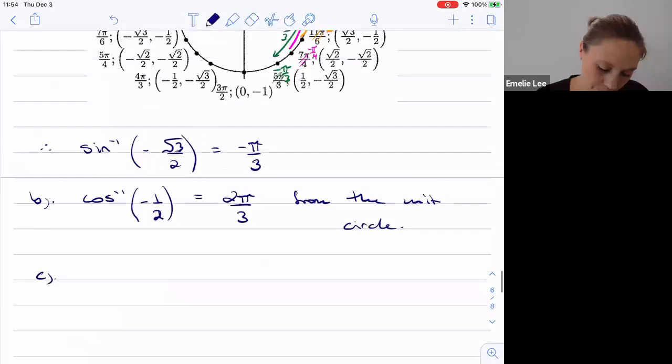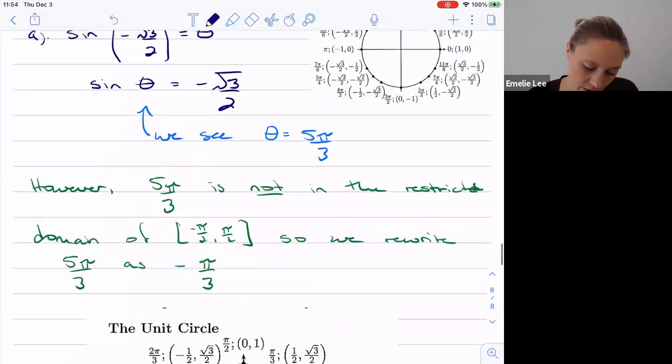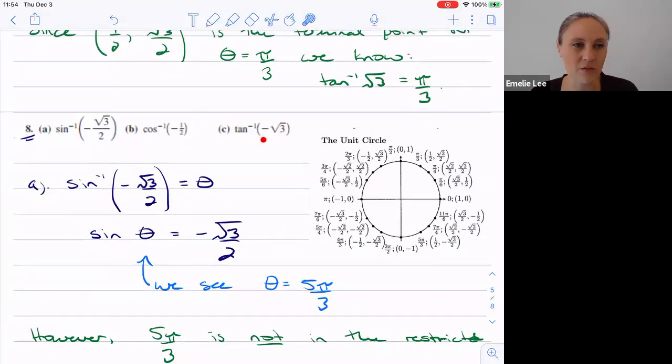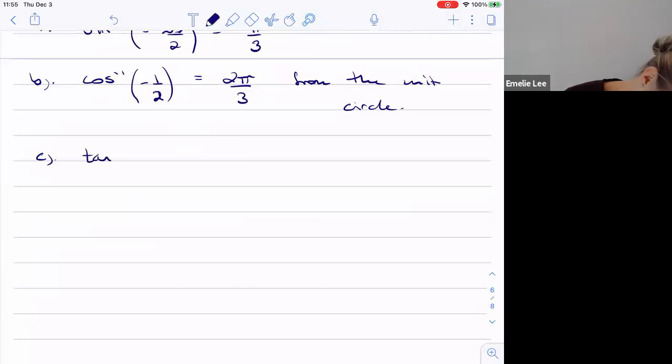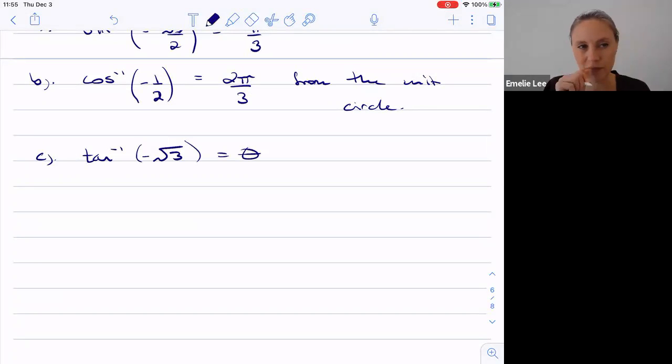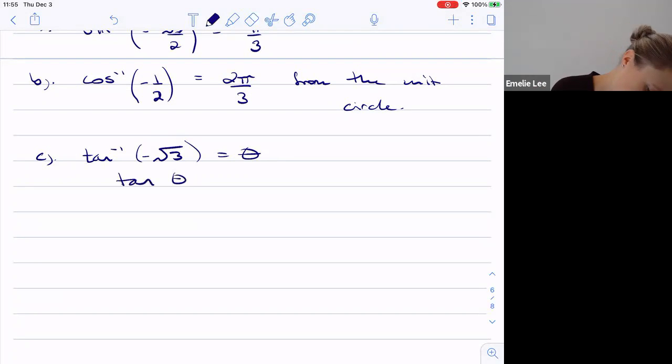How about C? So now I have the tan inverse of -√3. This is a similar problem to what we just solved. So let's have a look. I want the tan inverse of -√3 equal to theta. Actually, I've been doing them the opposite way. Tan of theta is -√3.